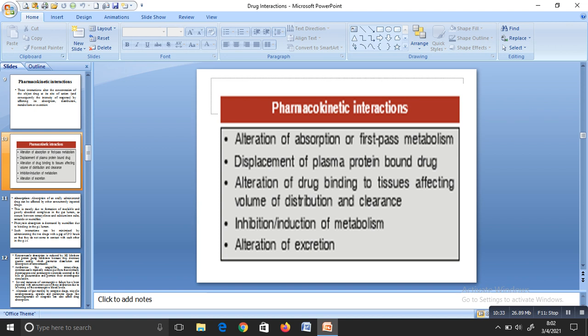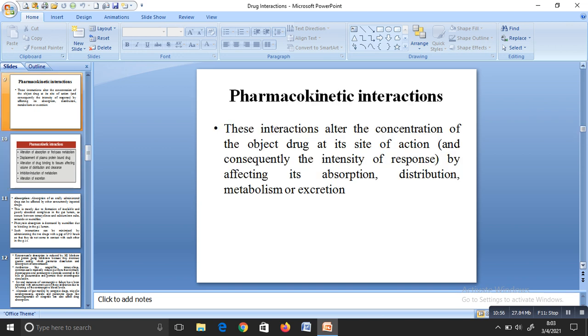Then in the distribution, there may be displacement by plasma protein drug or alteration in the drug binding to the tissues. It may induce or inhibit drug metabolism or alter the excretion.